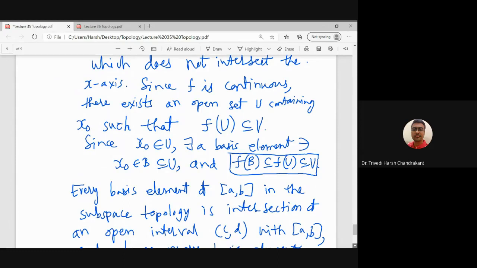So we can always find a basis element in the topology. So B is a subset of U, and since B is a subset of U, f of B is a subset of f of U, and we have already noted that f of U is a subset of V. Therefore we got a basic open set B which contains x naught such that f of B is a subset of V, right?